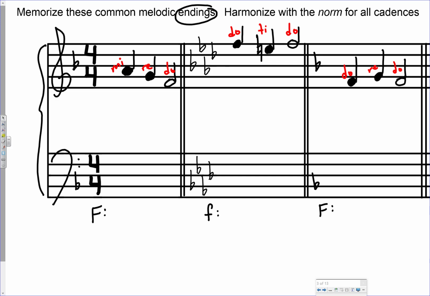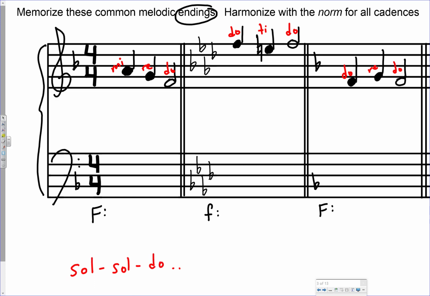Okay, listen carefully. If the final cadence melody ends with mi, re, do, like the first measure, or do, ti, do, like the second measure, or do, re, do, as in the third measure, then harmonize with sol, sol, do in the bass.